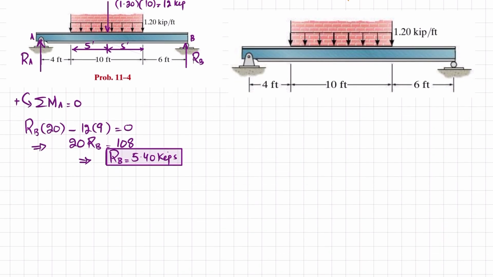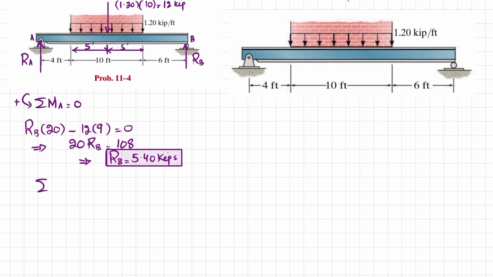We will now find RA by using the equilibrium condition that the sum of all forces along the y direction must be equal to 0. You can see we have three forces: RA, RB, and the third one is this 12 kips acting downward. Their sum must be equal to 0. So RA plus RB, which is 5.40, minus this 12 kips is equal to 0.